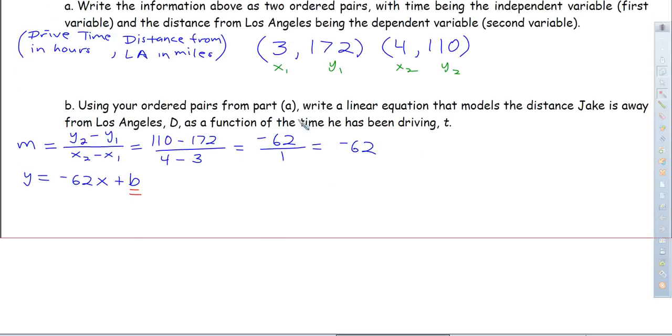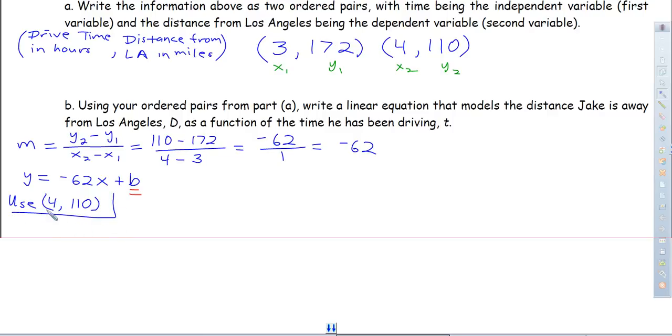Well, that's what we're going to use the point for, right? We're going to use that point. Well, which one do we want to use? Doesn't matter which one. I'm going to use 4 and 110 just because 110 is smaller than 172. So doesn't matter which one. I am going to use the 4 and the 110.